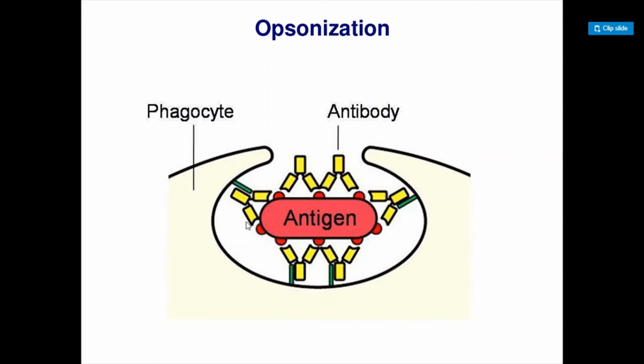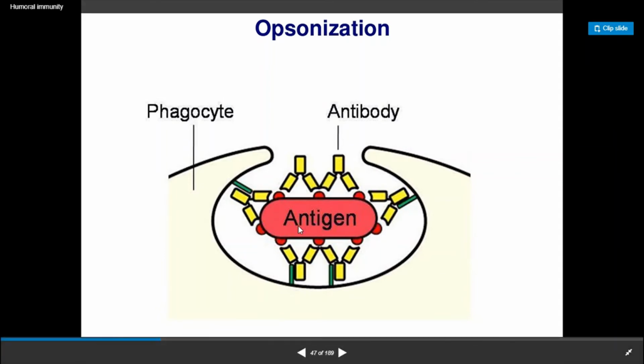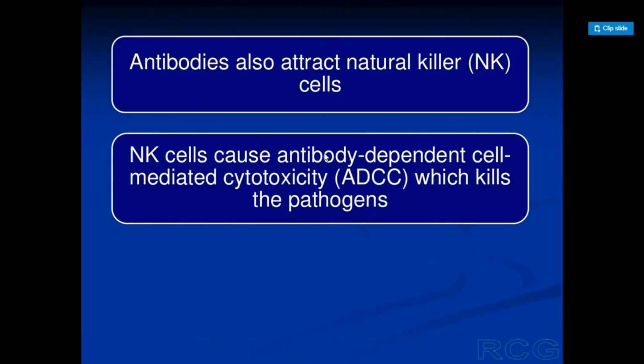These cells, when they interact with these antigens, release some enzymes such as granzyme and kill these microbes by creating a pore or dissolving their cell membrane from their surface and killing those pathogens. And these antibodies also attract the natural killer cells, and the natural killer cells cause antibody dependent cell mediated cytotoxicity, which is called the ADCC, which kills the pathogens.